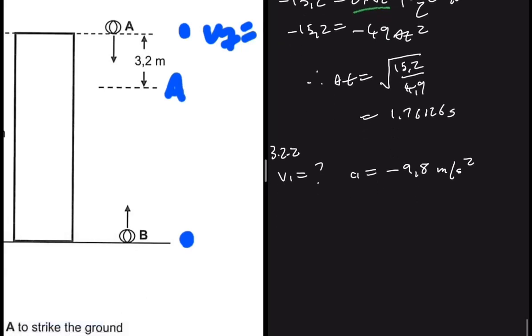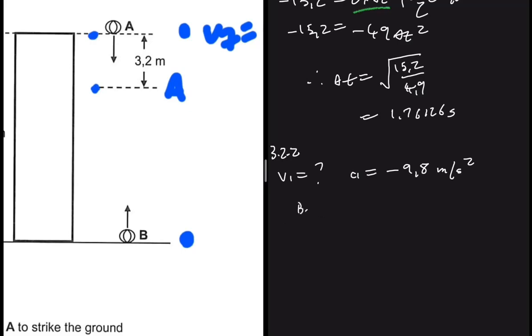So we can say that the total time of ball A minus the time taken by ball A to go from maximum height to 3.2 meters below the maximum height will give us the time for ball B, right? So let's go ahead and do that.